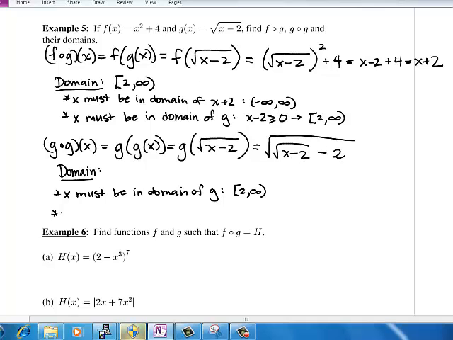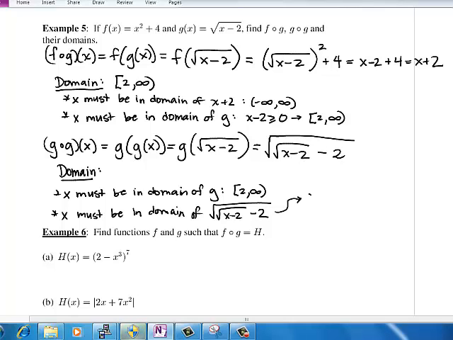And then additionally, x must be in the domain of square root of x minus 2 minus 2. And that's going to be trickier.